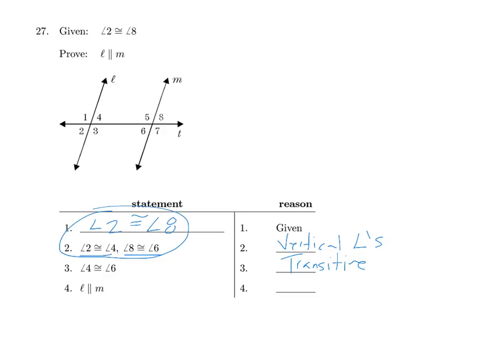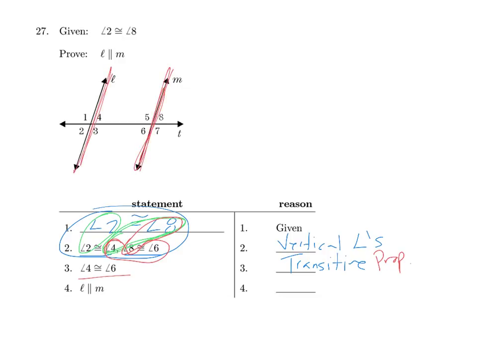All right, so just to break it down for you, here I have 2 for both of these. So they said 4 is congruent to 8. Now that 4 is congruent to 8, here I have 8 for both of these. So then I know 4 is congruent to 6, and that's where this comes from. That's transitive property. And then now I could say that these lines are parallel.